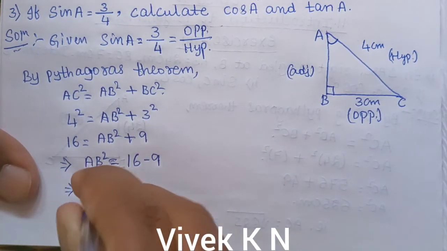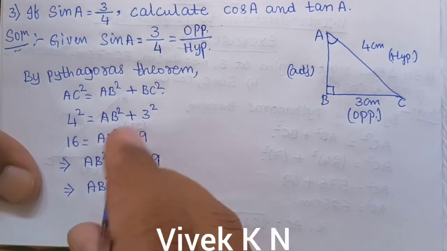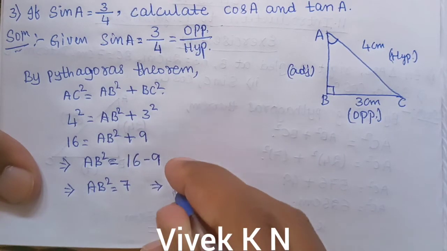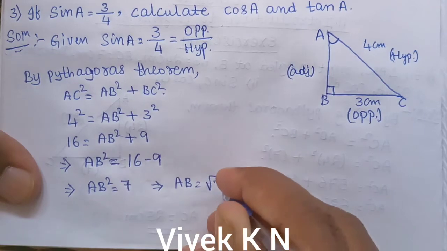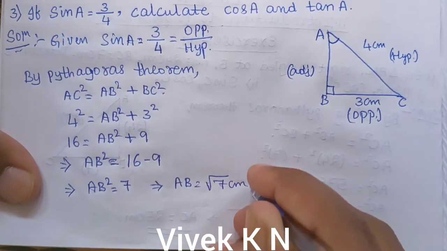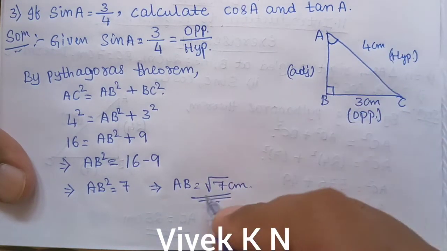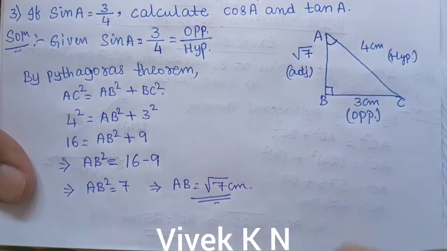That is, AB square is equal to 16 minus 9, which is 7. If AB square is equal to 7, then AB is equal to root 7 centimeter. That is, the side AB value is root 7.